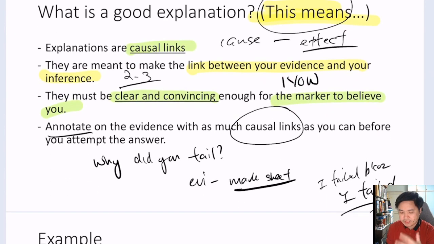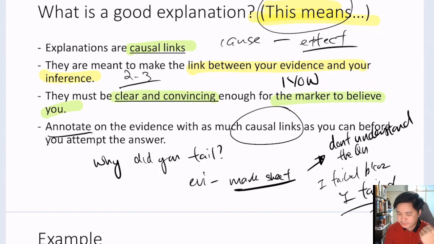You have to give causal links. Well, based on this mark sheet, you know that I failed. So from this mark sheet, the explanation is this: I don't understand. Probably it could be because I don't understand the question. It could be because the teacher didn't teach it well, and so I got lost.